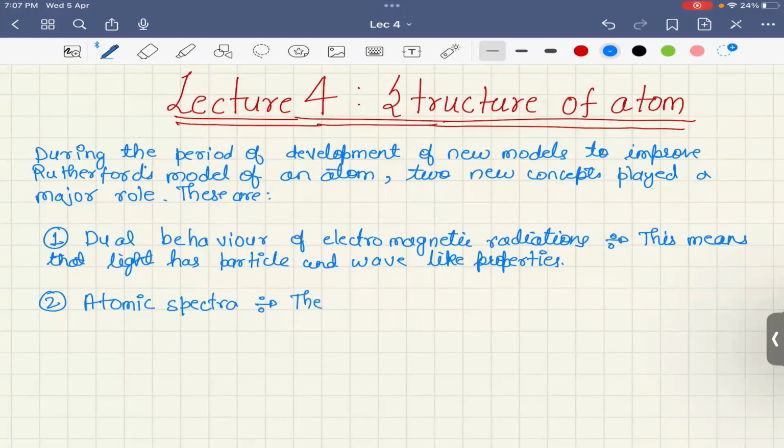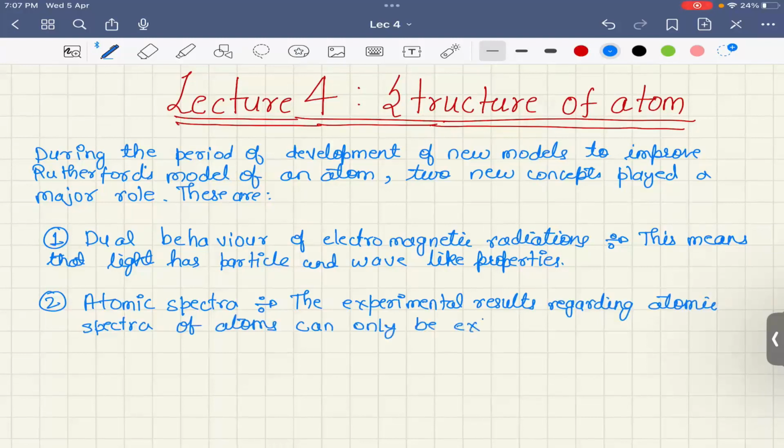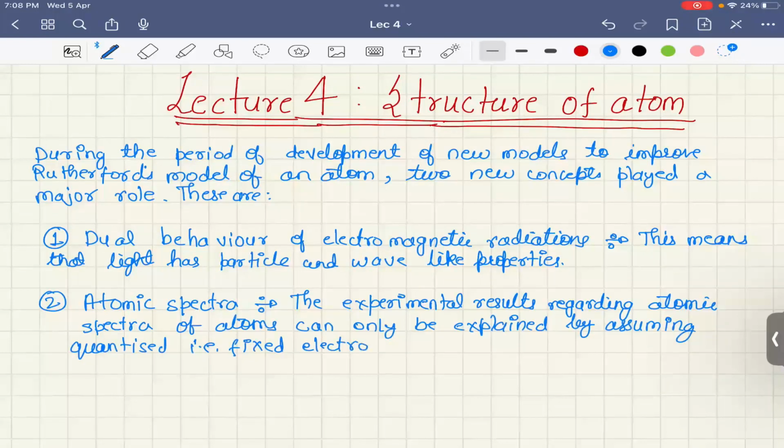The experimental results regarding atomic spectra of atoms can only be explained by assuming quantized, that is fixed, electronic energy levels in atoms, right?